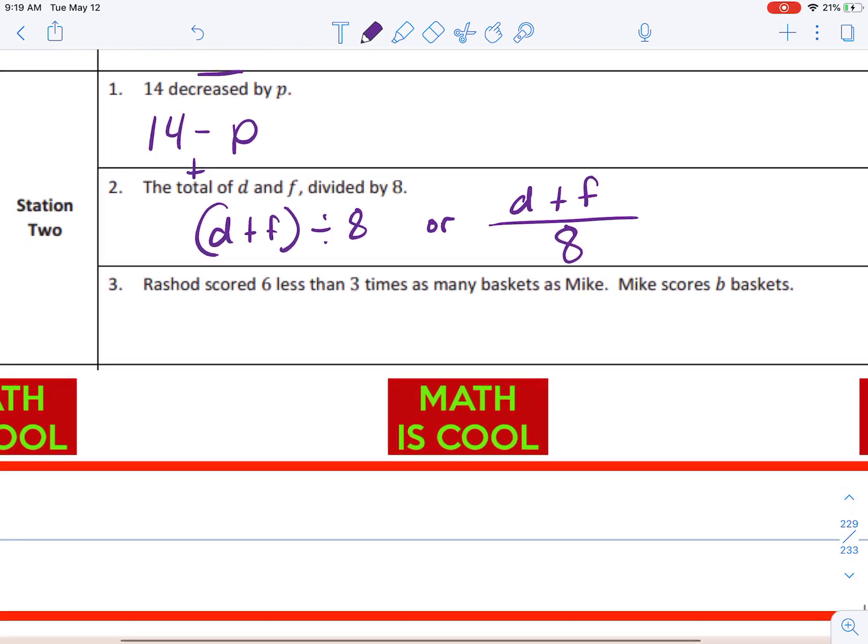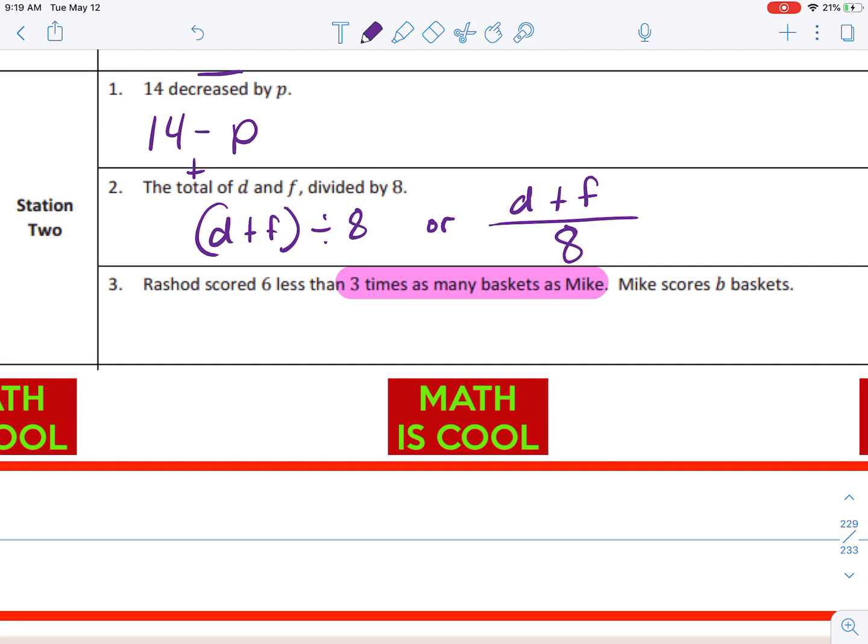All right, number 3. Rashad scored 6 less than 3 times as many baskets as Mike. Mike scored B baskets, and Rashad scored 3 times as many baskets as Mike.